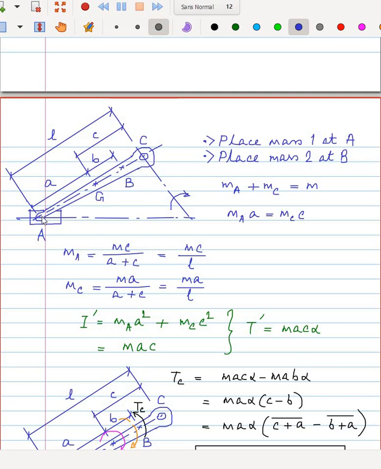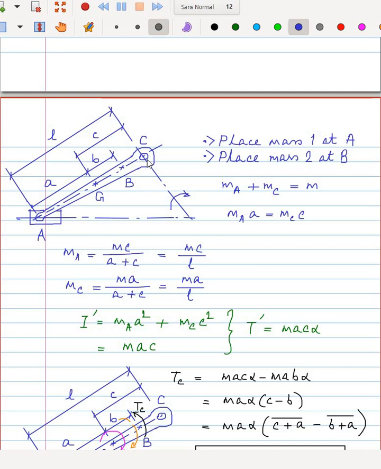The advantage is this mass which is placed here will be executing a reciprocating motion along a line along with the piston, and the mass placed here will execute rotation about this axis along with the crank tip.